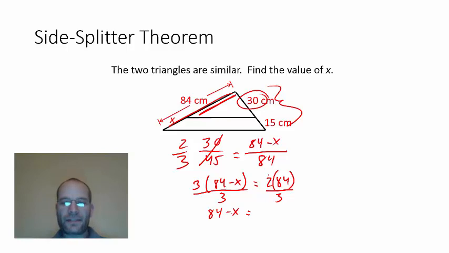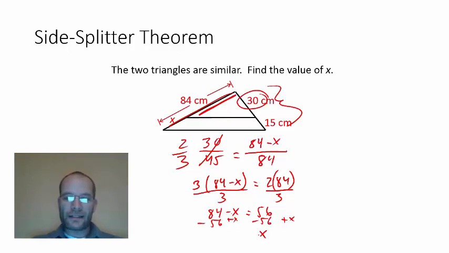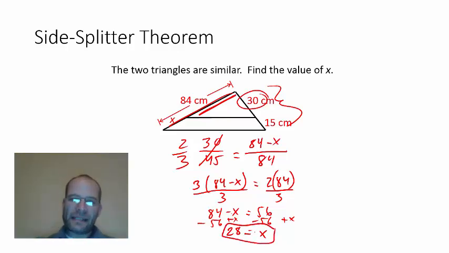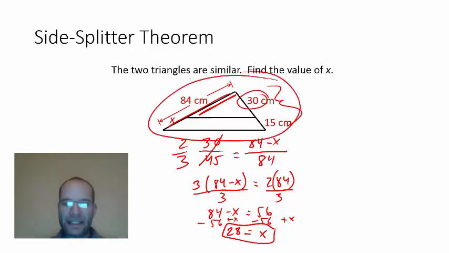And 28 times 2 is 56. Now we need to add x to both sides, and we'll subtract 56 while we're at it. So we end up with x on the right is equal to 84 minus 56. That's 28. x equals 28. So we were able to find x by establishing a proportionality in here.